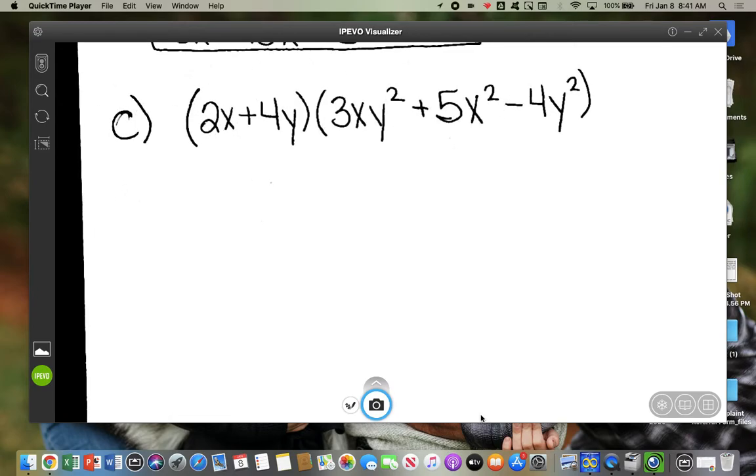All right, and on this we're still going to distribute, but whenever you distribute, same rules. Multiply the coefficients, add the powers.